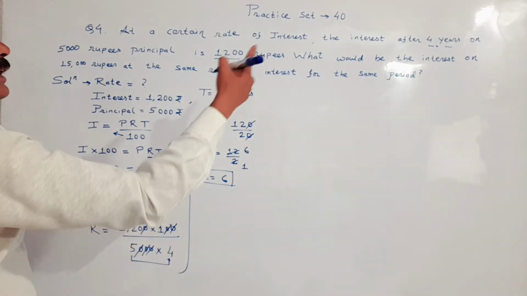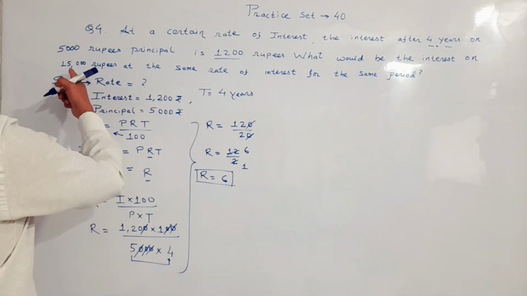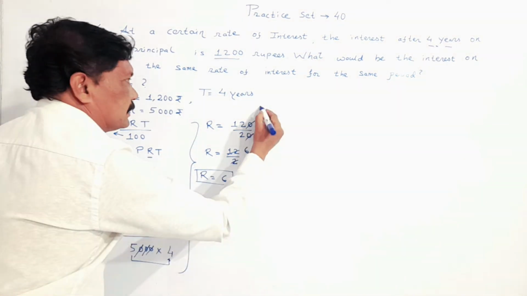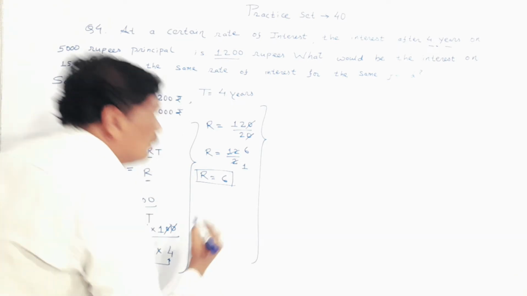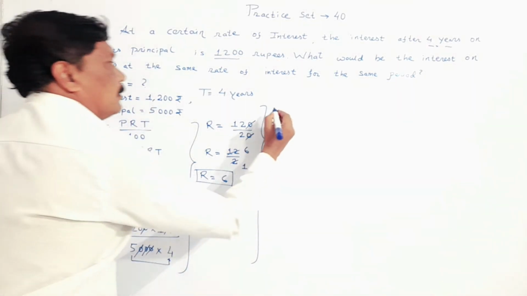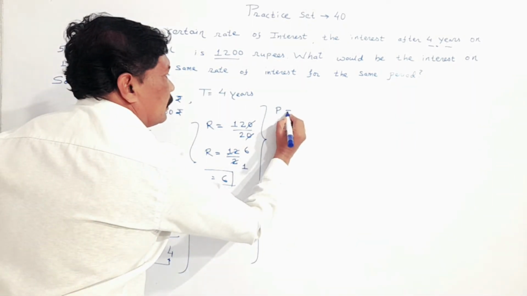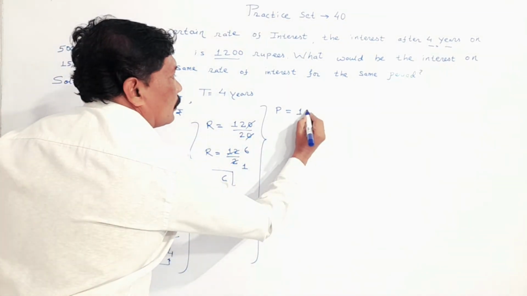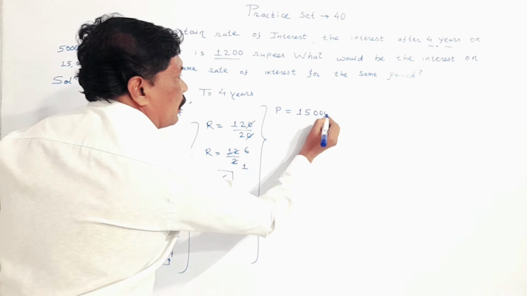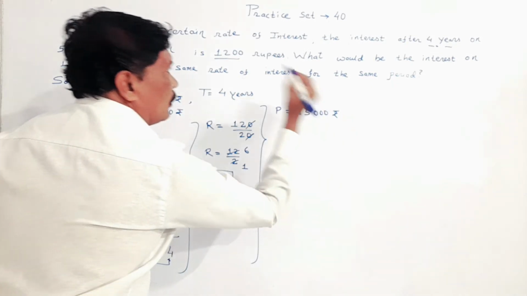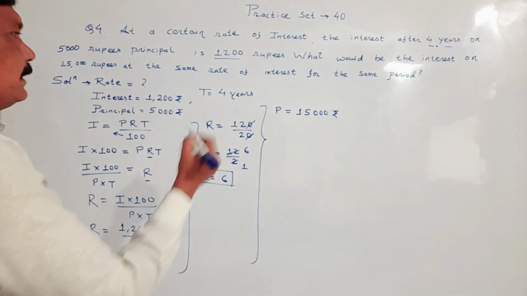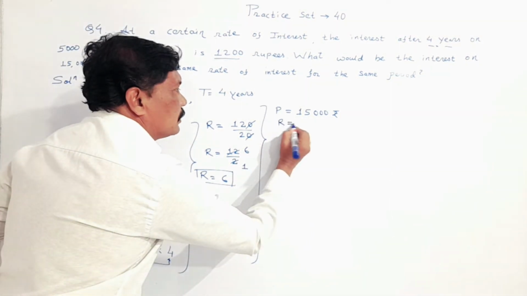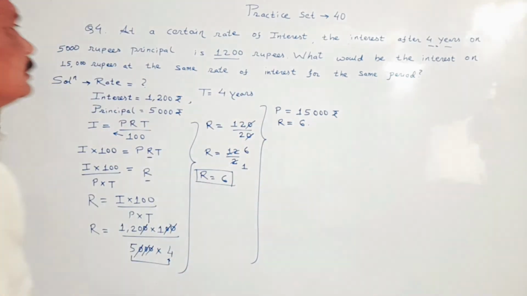What would be the interest on 15,000 rupees? My dear student, in the second part, principal is given. P is equal to 15,000 rupees at the same rate, and the rate we found is R is equal to 6.